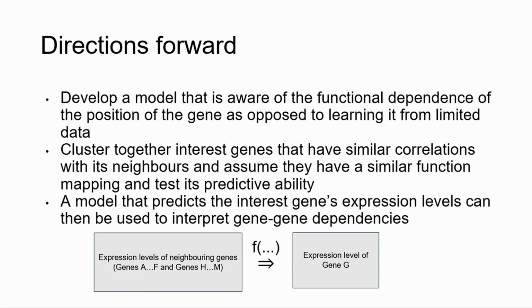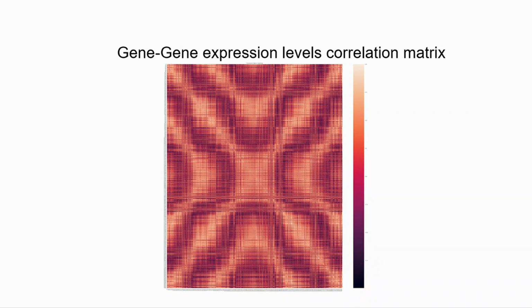And the other one is something I want to introduce here. This is just a gene expression level correlation matrix. Some genes tend to have similar correlation to their neighbors.